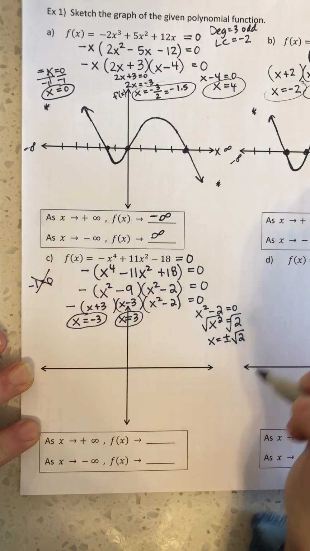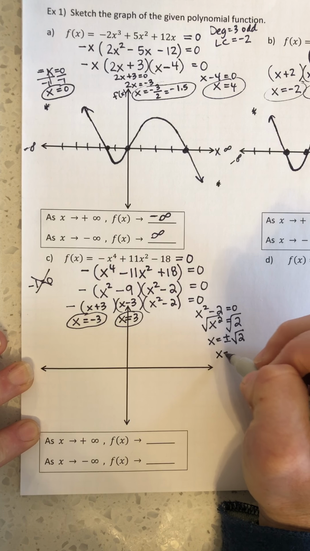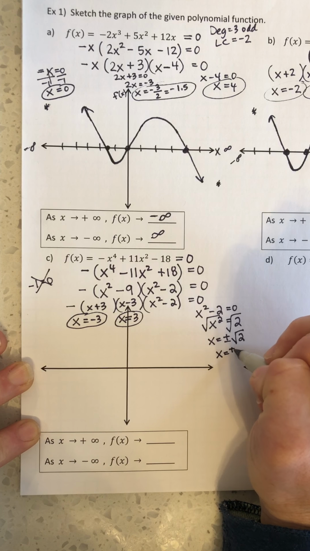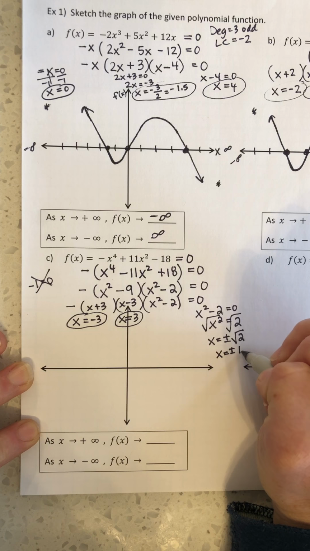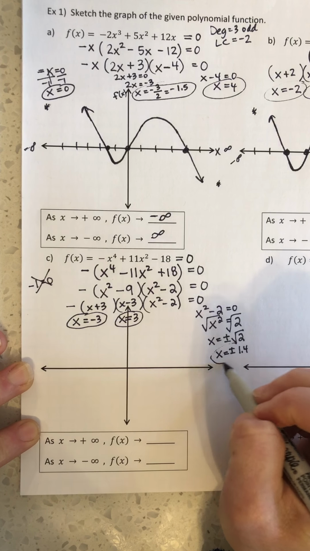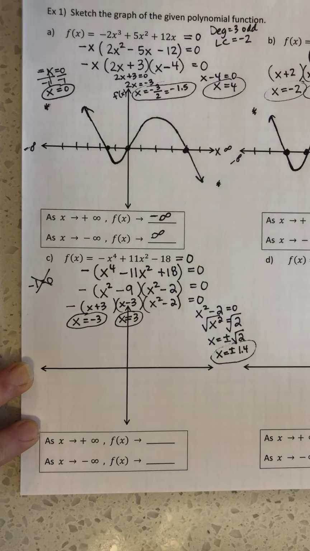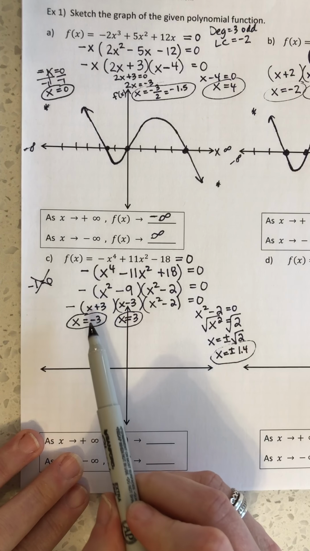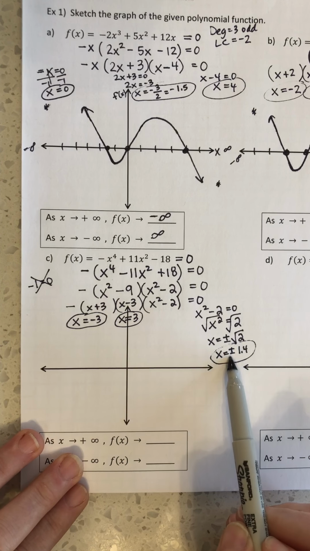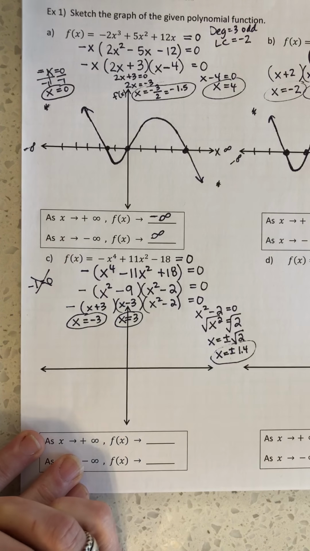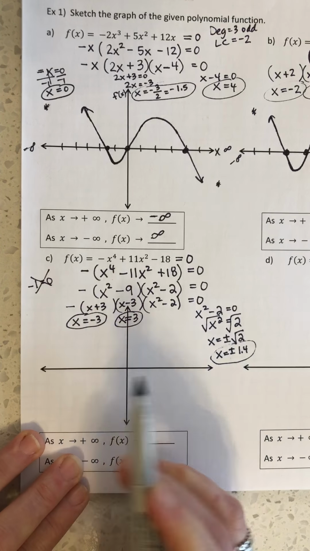Just to make graphing easier, if you ask your calculator what the square root of 2 is, it's about plus or minus 1.4, so you know where to put them on your number line or your x-axis. Now we have 1, 2, 3, 4 answers to my degree 4 polynomial equation. Those are my 4 x-intercepts.